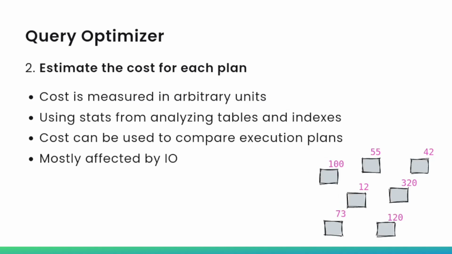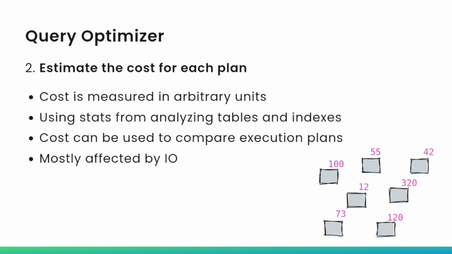The next step would be to try and estimate how much each plan is going to cost me. So when we talk about cost, we talk about cost in terms of resources that the database would have to use to fulfill the query. These resources are memory or CPU, but these resources are mostly I/O, okay? Because doing I/O, actually accessing disk and reading data from the disk, is considered to be the most expensive operation.